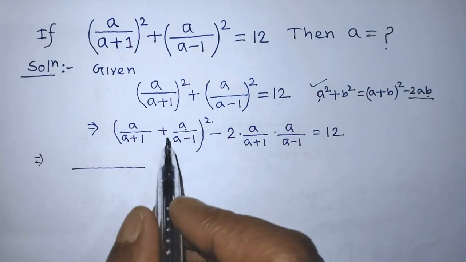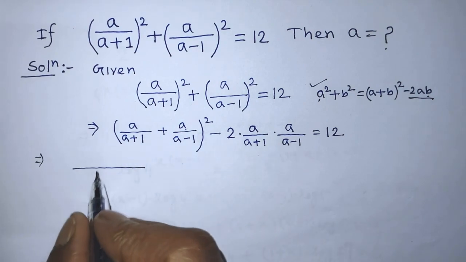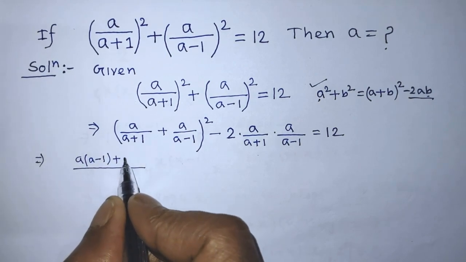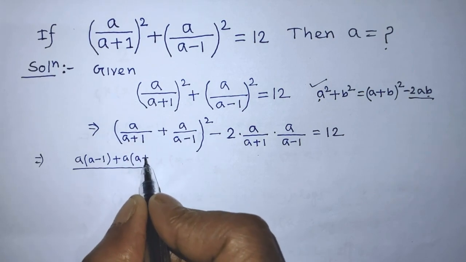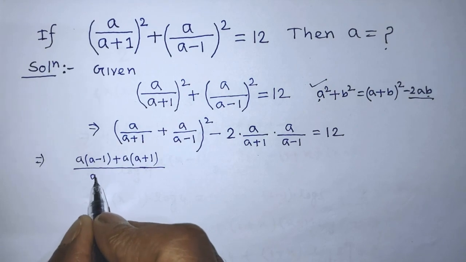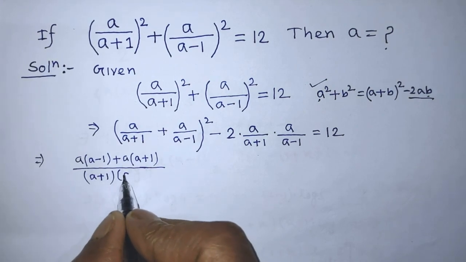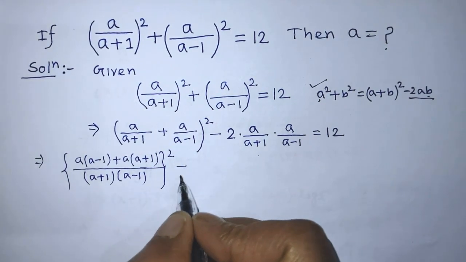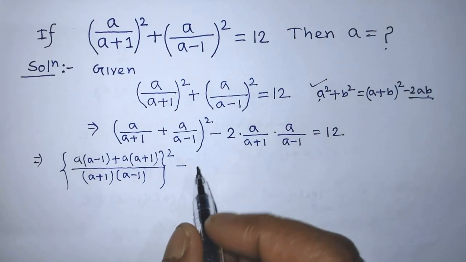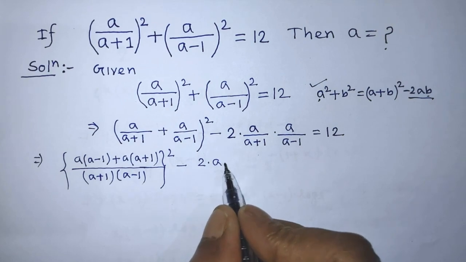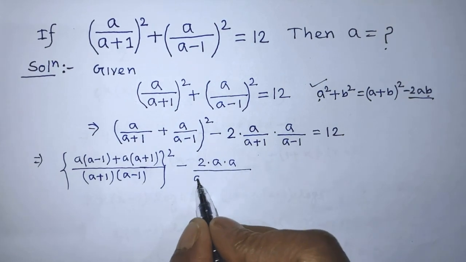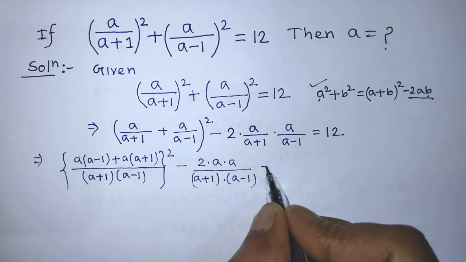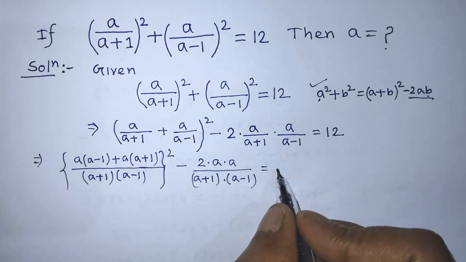We can write from the first term on the left hand side a times a minus 1 plus a times a plus 1 over (a plus 1 times a minus 1) whole to the power 2, minus, from the second term on the left hand side, 2 times a over a plus 1 times a minus 1, is equal to 12 on the right hand side.